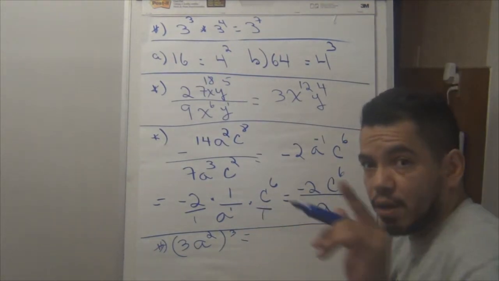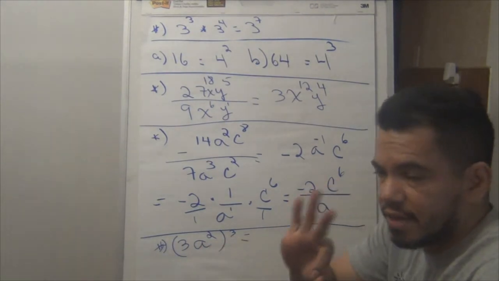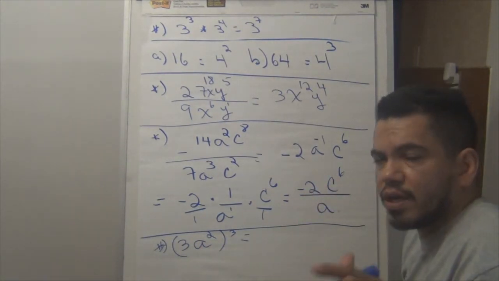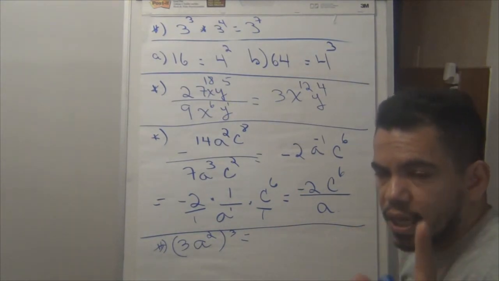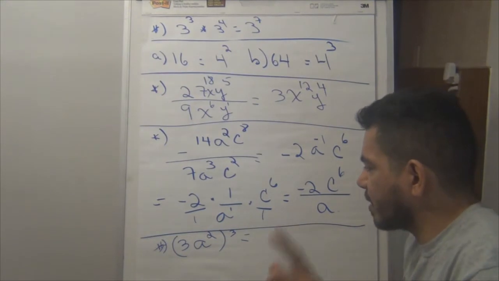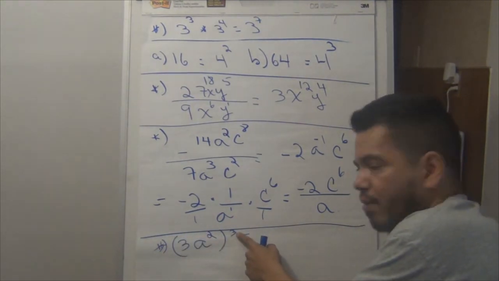Oh, by the way, this means do whatever is inside the parentheses 3 times. So I'm only gonna show you one time, and hopefully you understand. Whatever is inside the parentheses gets raised to the third power.